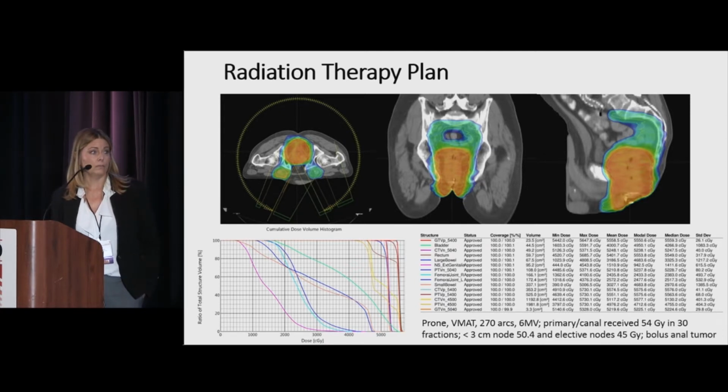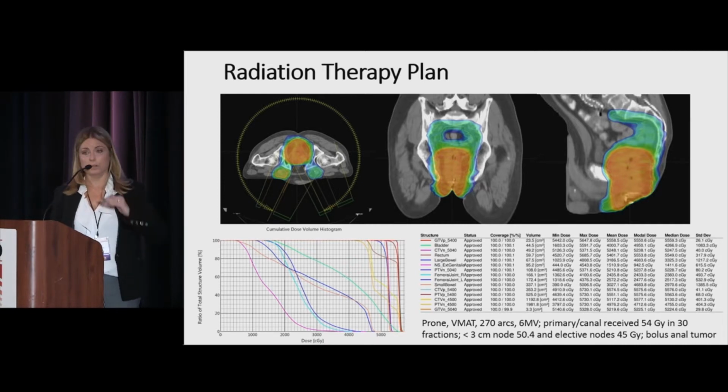And then for the elective nodes, since it was a combined plan, for the smaller stage disease, they got 42 gray. And then lymph nodes, we actually dose by size, although honestly, if you give them the same dose as your primary, it's fine. But we dosed them on 0529. Smaller ones got the dose of 50.4 gray, and larger ones got 54.